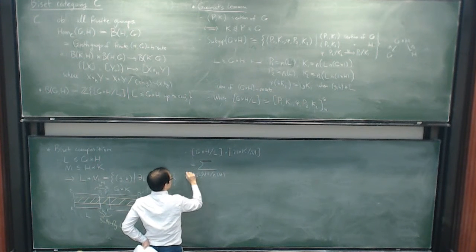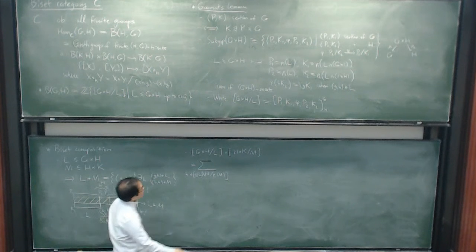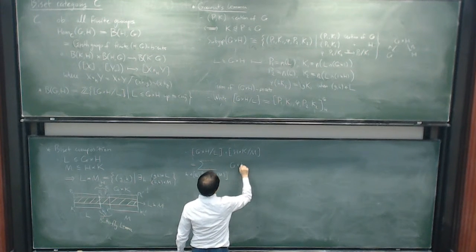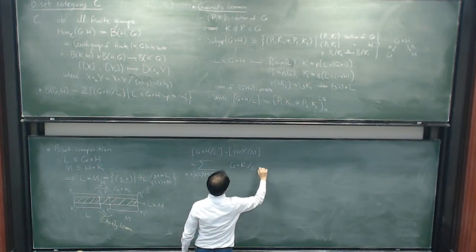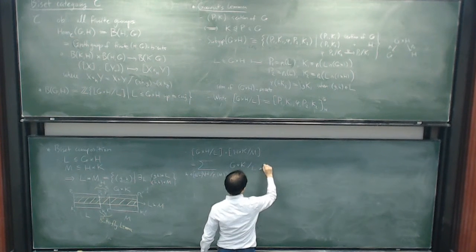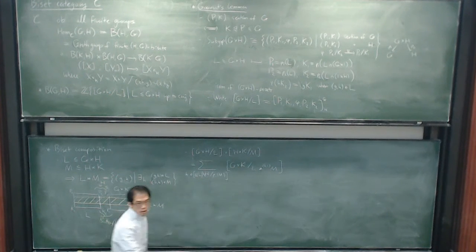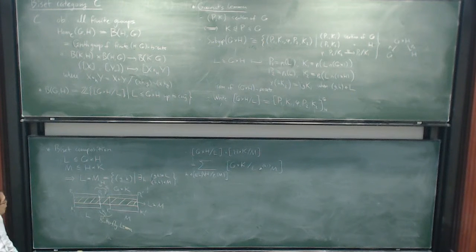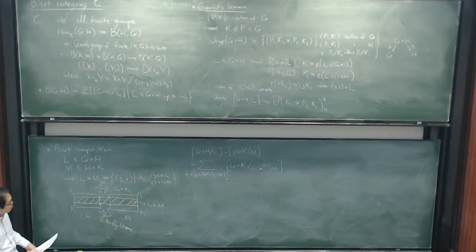You take the double coset representatives here, and then you form the correspondence composition with this conjugation. So that's the product, the composition in this category. This is a bit complicated, but you can easily check it.